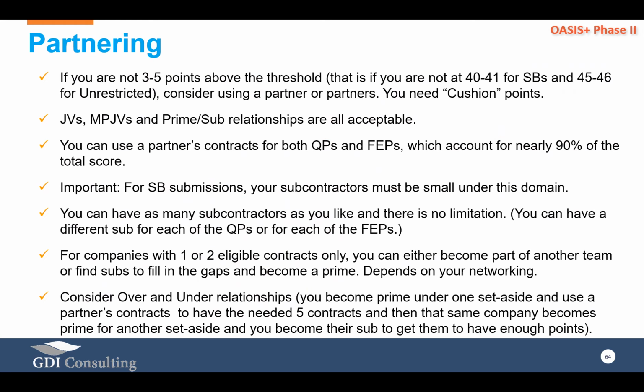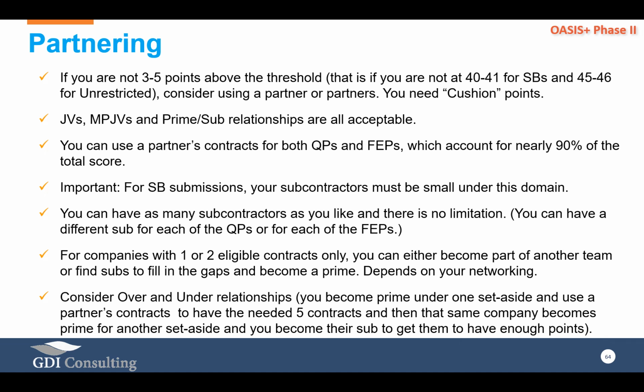Now, some key points here. I will not go into the details of all of them, but essentially, we recommend as our company that if you're not 3 to 5 points above the threshold, so this is new, consider using a partner. You need those cushion points, those 3 to 5 points.